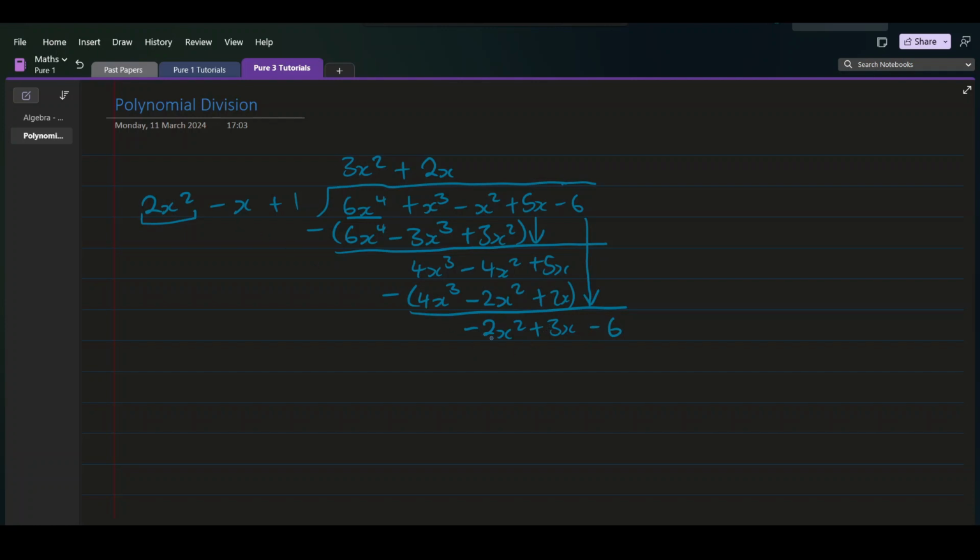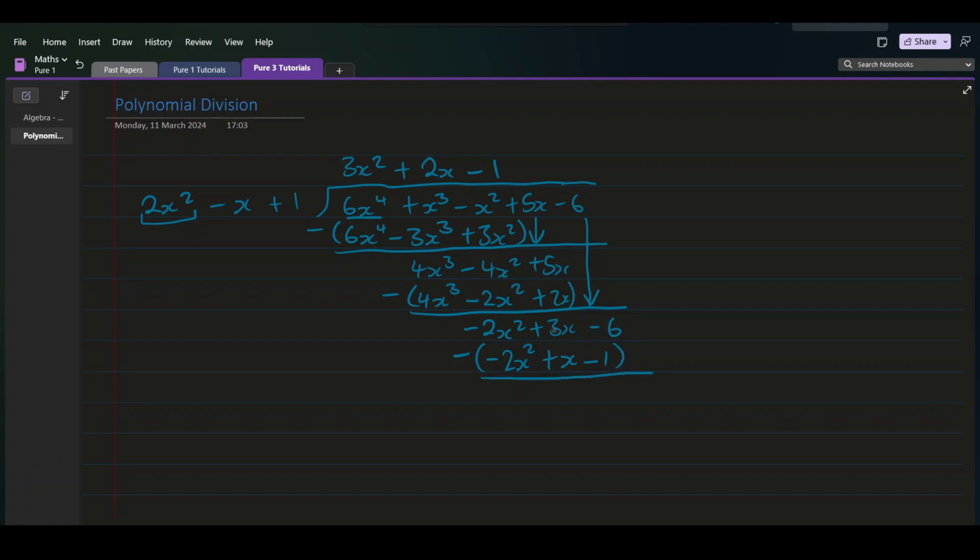And now it's negative 2x squared divided by 2x squared, that gives us negative 1. And we multiply our negative 1 by the divisor, so that's negative 1 times 2x squared, that gives us negative 2x squared. Negative 1 times negative x, that gives us positive x. Then negative 1 times 1, that gives us negative 1.